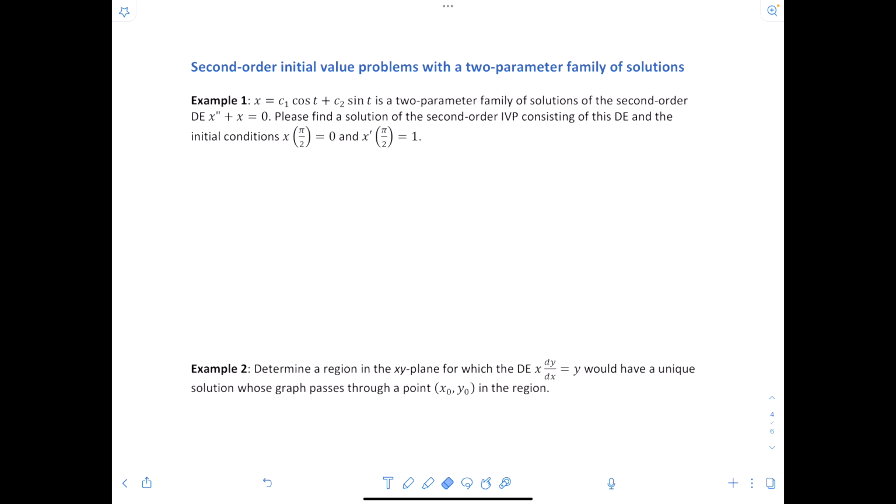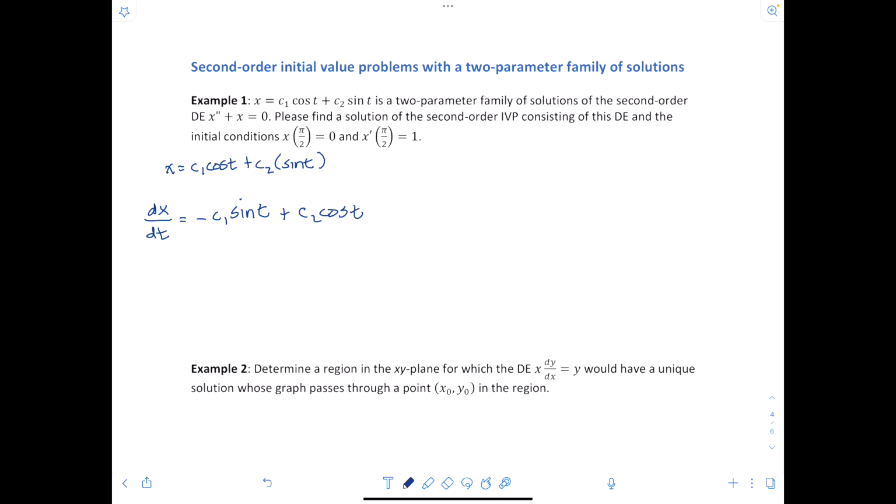So we start with x is equal to c1 times cosine t plus c2 times sine t. Now when I differentiate x with respect to t, or in other words get x prime, I'm going to get negative c1 times sine t and then plus c2 cosine t.